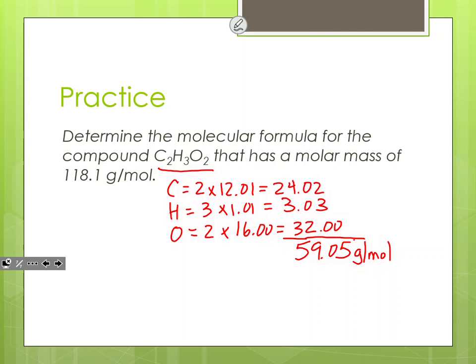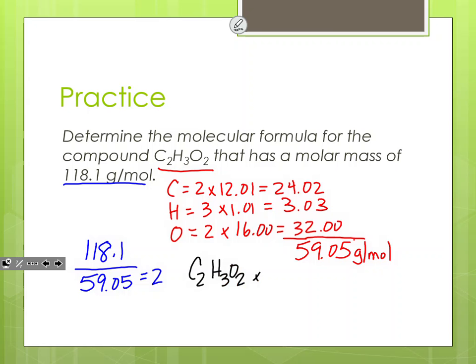Now if we take our molecular formula mass, 118.1, and divide it by our 59.05, what's the multiplying factor? It is also a 2, so then we take our empirical formula C2H3O2 and multiply it by 2, resulting in C4H6O4 as your final answer there.